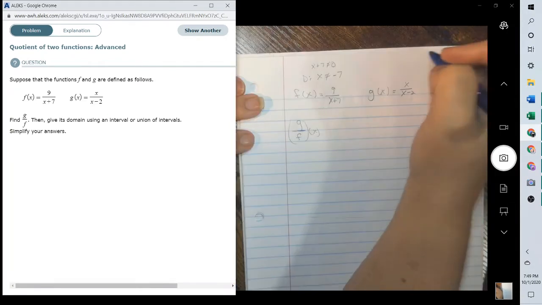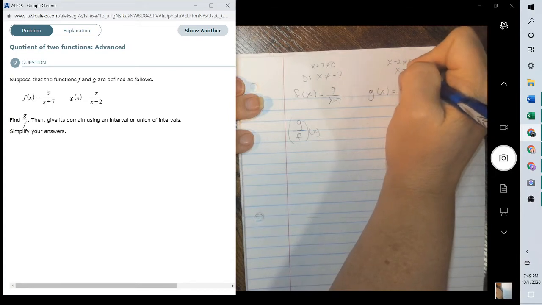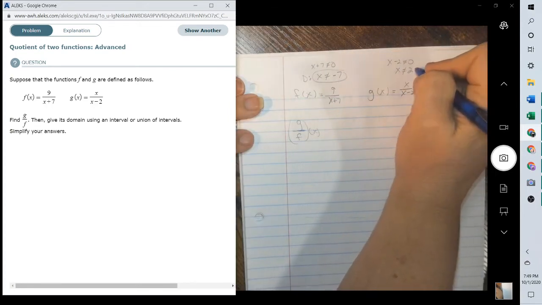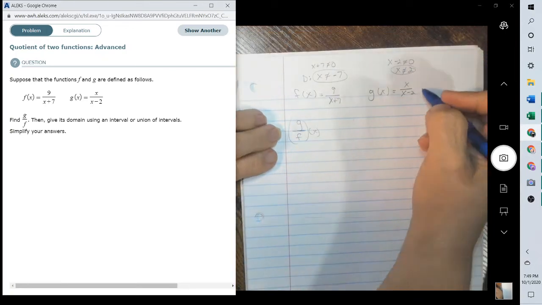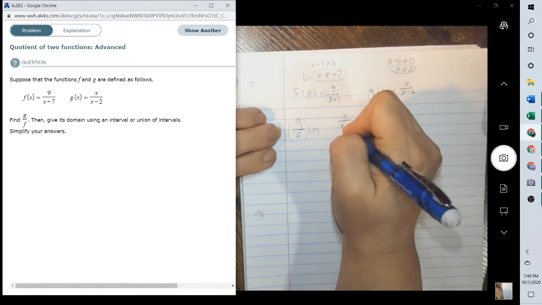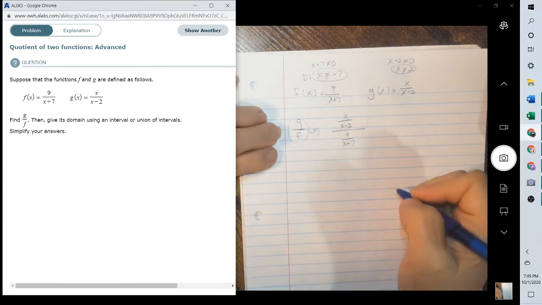And this one, x cannot equal 2. So right now we have these two omitted from the domain.